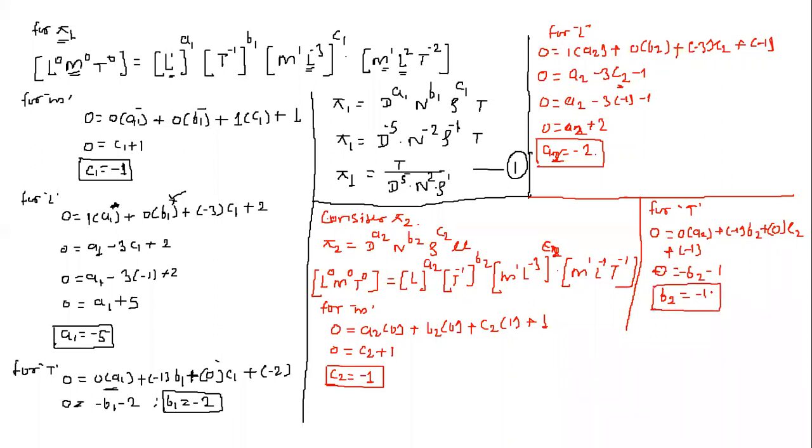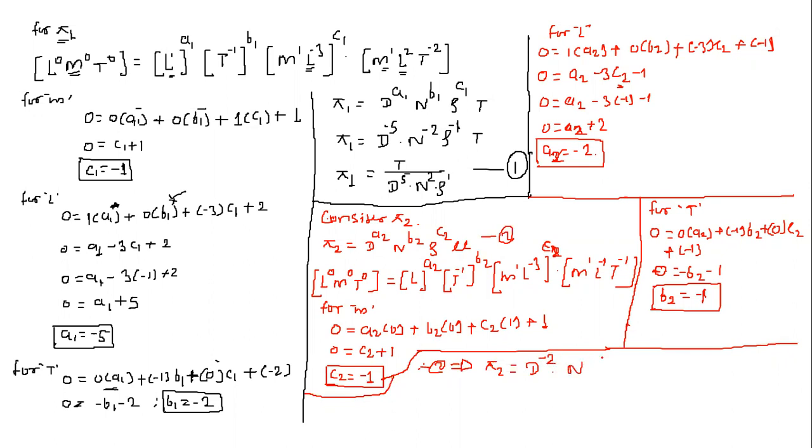Now put the powers in the given equation, that is, for this equation which we have assumed as equation 2. Therefore, the pi 2 term which we had written implies, equation 2 implies pi 2 is equal to d raised to A2, A2 that is minus 2, into n raised to B2, B2 that is minus 1, then density raised to C2, C2 is minus 1, into mu is there.